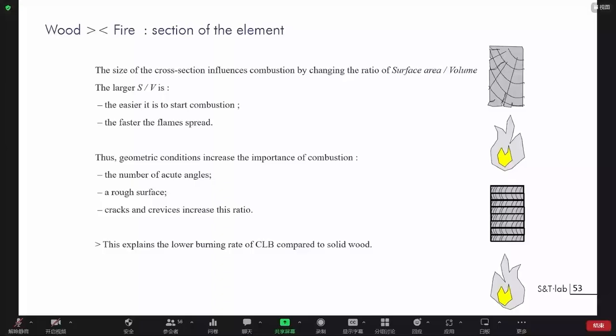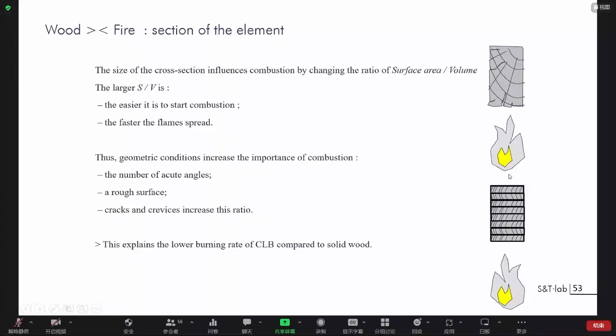And one of these parameters is that you will be comparing the surface and the volume, and the higher this proportion between surface and volume, the easier it will be for combustion to start and flame to spread. So the objective would be to have fewer cracks, and you know that when timber is drying, you will see cracks appearing.